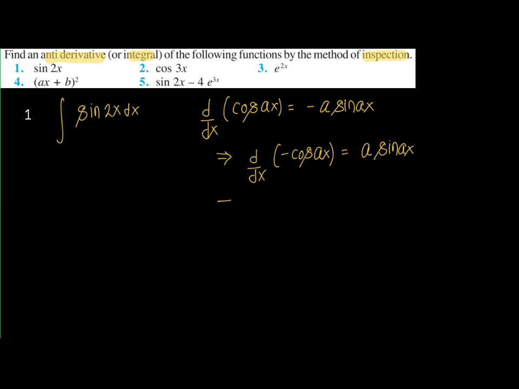Now I can also write d by dx of minus cos ax equals a times sin ax. So d by dx of minus 1 by a cos ax will be equal to sin ax.